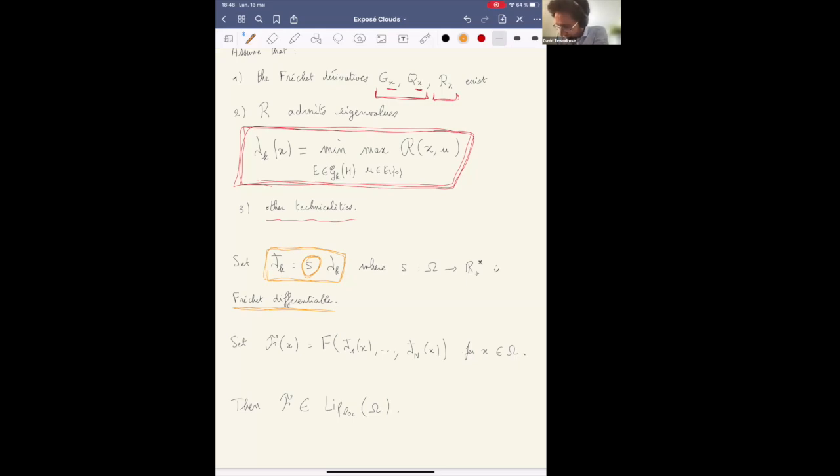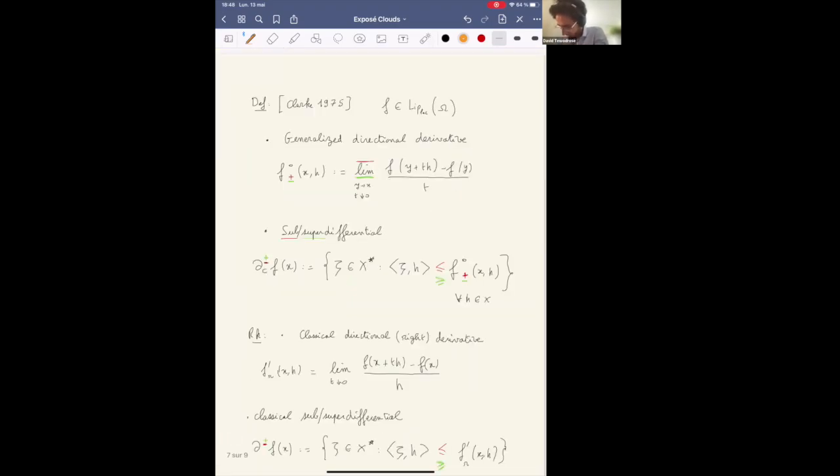And then from our F sharp, we can define some functional F on omega. It turns out that under the assumptions that we consider, this F is locally Lipschitz. And because F is locally Lipschitz, we can use machinery that has been developed by Clarke in the 70s.